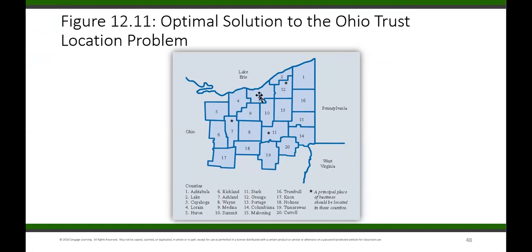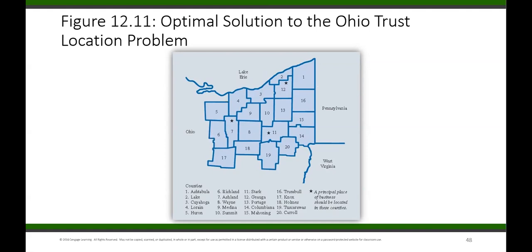So as you can see here, by having these 3 PPBs, there's no county that is not covered. Basically, the Ohio Trust Company can operate in any of those counties because they have at least one PPB in their neighborhood, right?